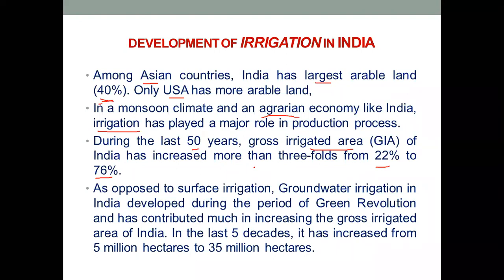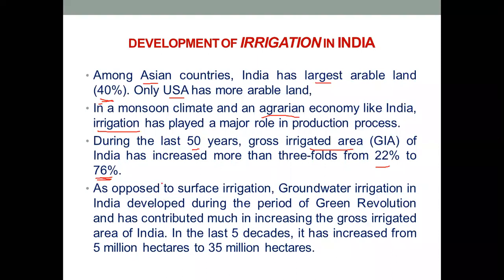But now the total area which comes under irrigation has increased to almost 80%. So that is one good thing which came out of the green revolution.